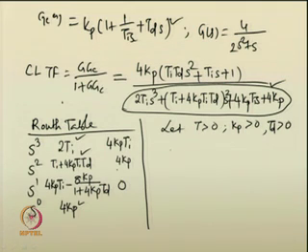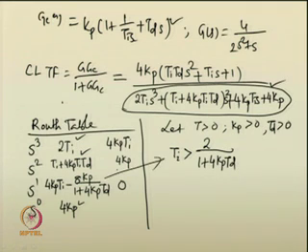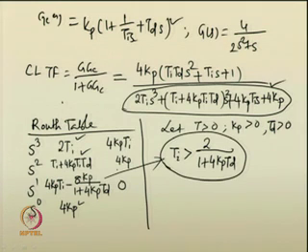This will be positive provided Ti is greater than 2 upon 1 plus 4 Kp Td. So, this can be expressed in this form. When Ti is greater than 2 upon 1 plus 4 Kp Td, in that case the coefficients of the first column will be positive, thus implying that the closed loop system will have a stable time response.